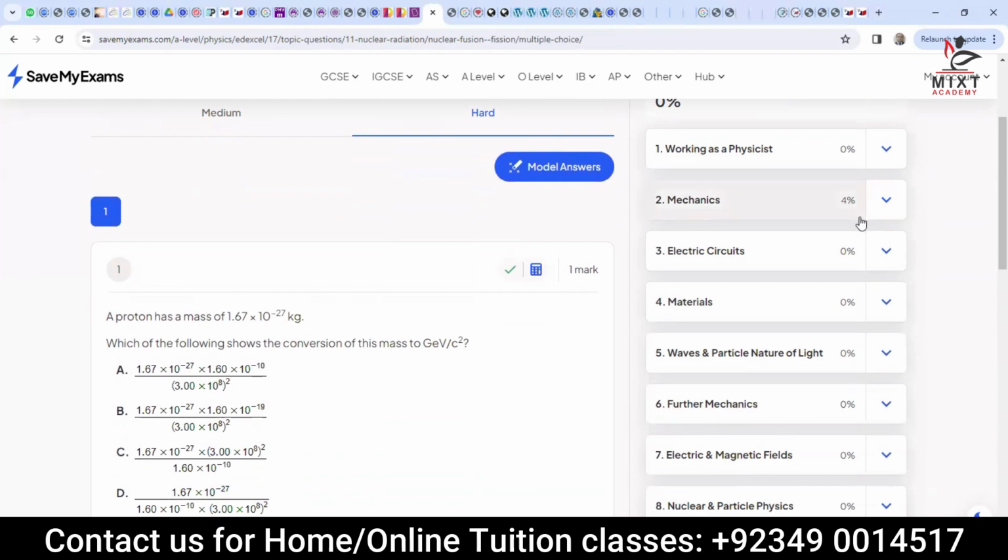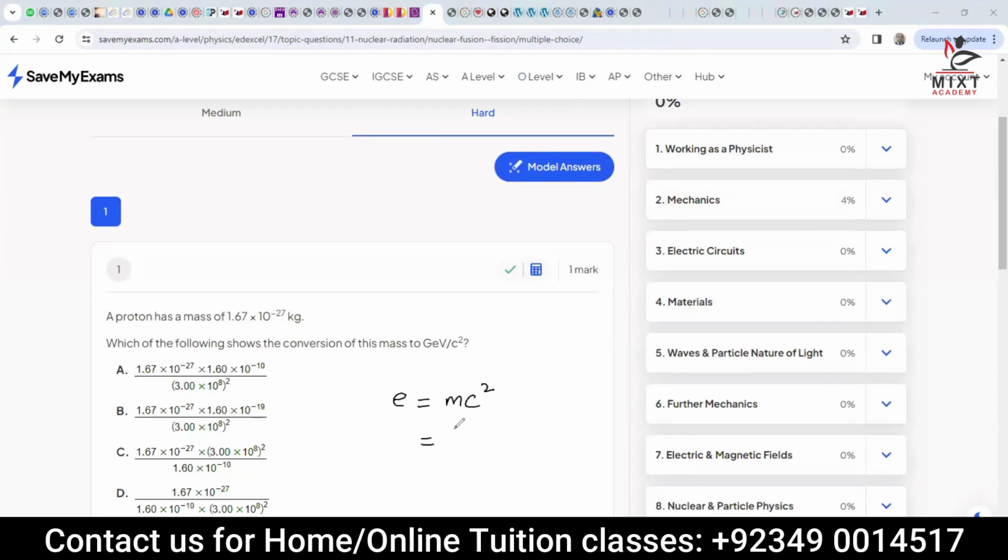This is E is equal to mc squared, technically. This is the formula actually. So what they're saying is, which of the following shows the conversion of mass to this?